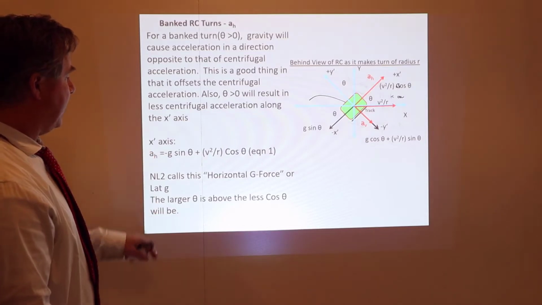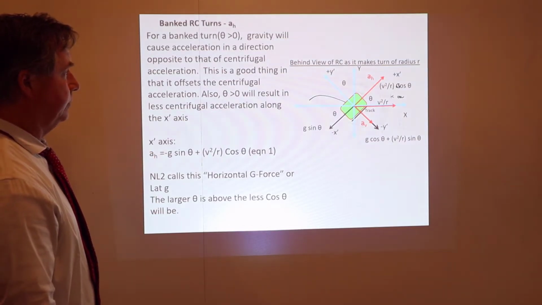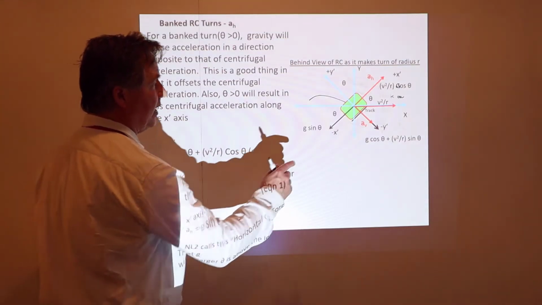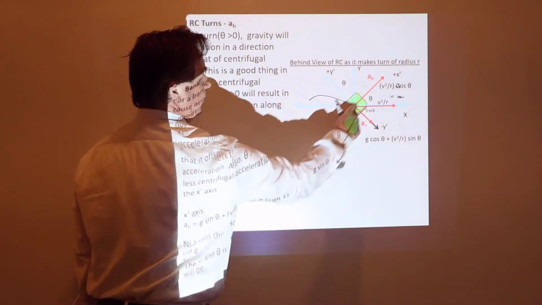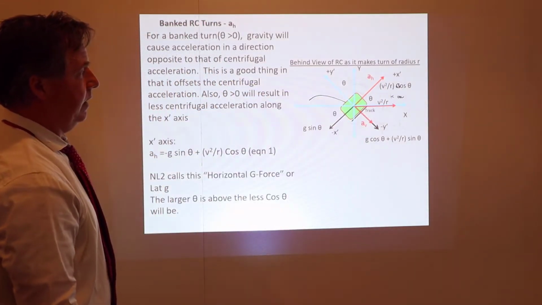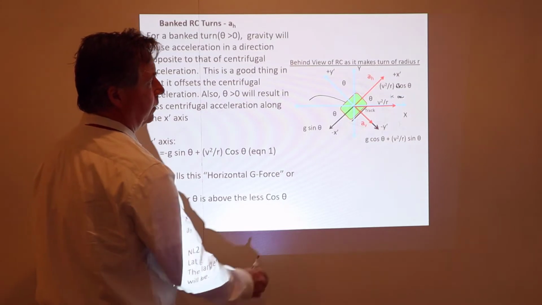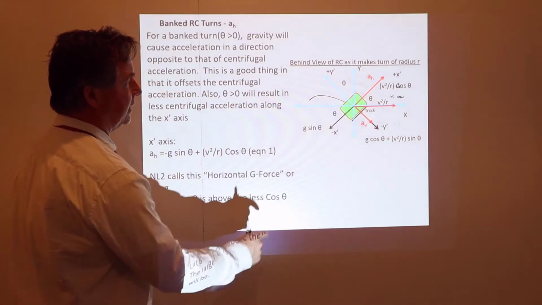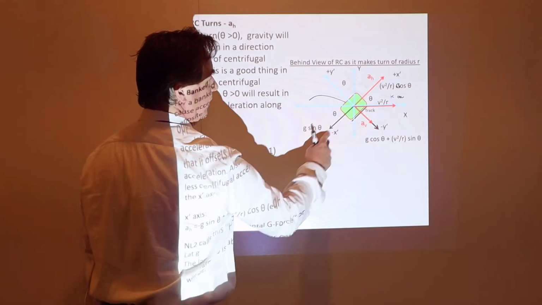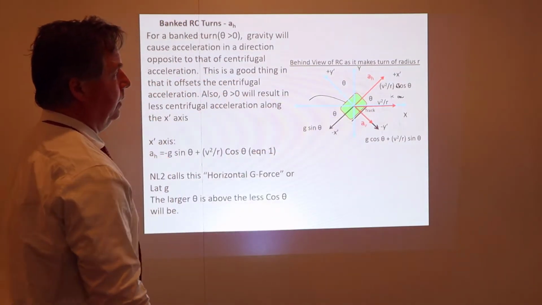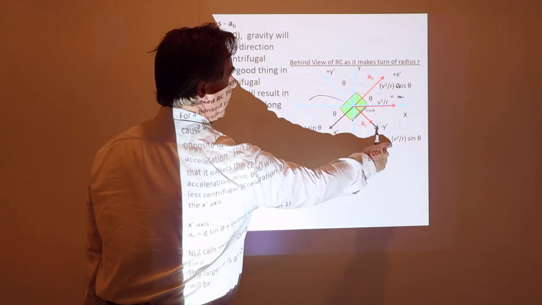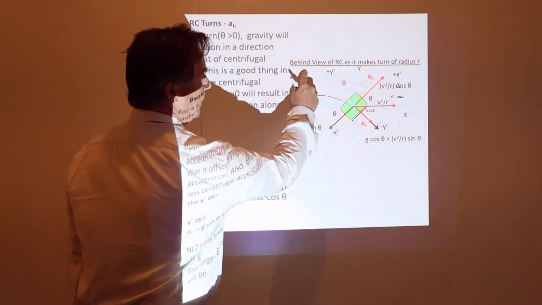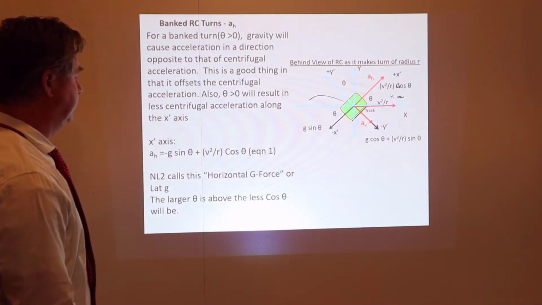This equation describes the horizontal acceleration, so it's acceleration along this axis. I've created a second coordinate system called the x prime, y prime coordinate system, where the x prime axis is in this direction, and the y prime axis is in this direction, perpendicular to the roller coaster seat.